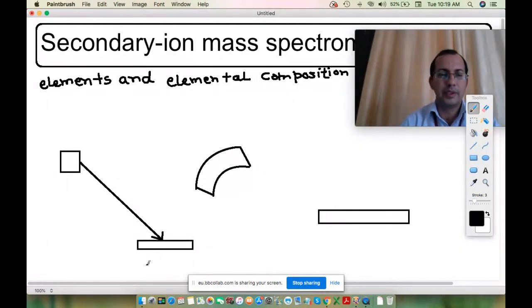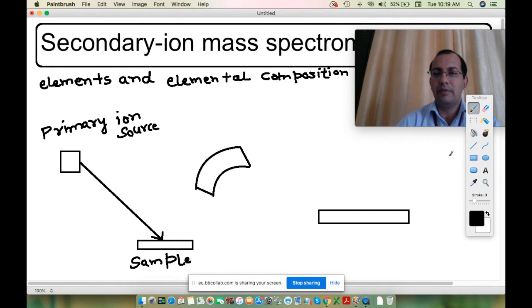This is the ion source, called the primary ion source. And after this, we would have the sample, and after the sample, these ions will be directed towards the mass analyzer.